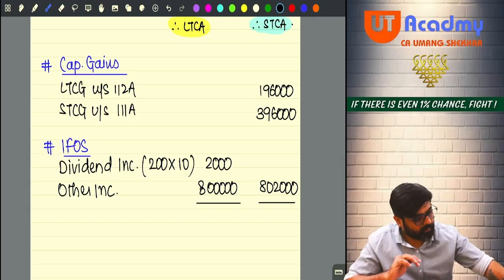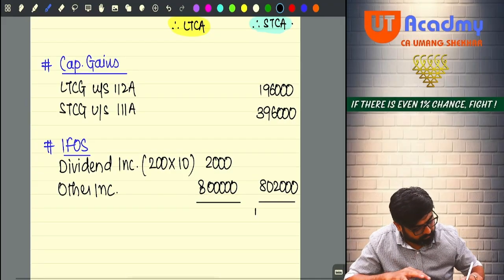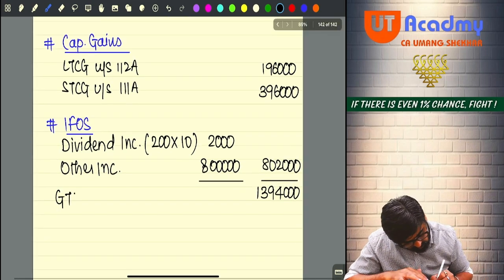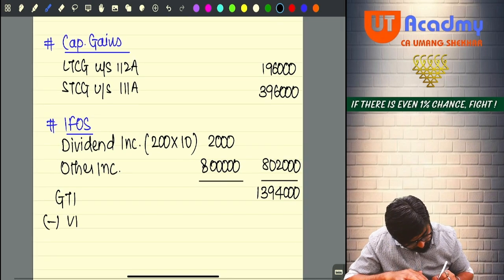Now if you will total 8,02,000 plus 3,96,000 plus 1,96,000, you are going to get 13,94,000. Everyone getting this? This is your gross total income minus chapter 6A deductions.